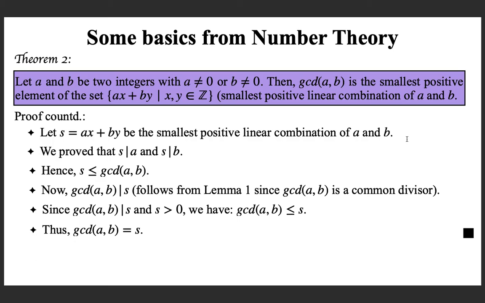With this, we are finishing this lecture. Today we have recollected some basics from number theory. We saw what is divisibility. We looked at the division theorem. Now we know what are divisors and what are factors.